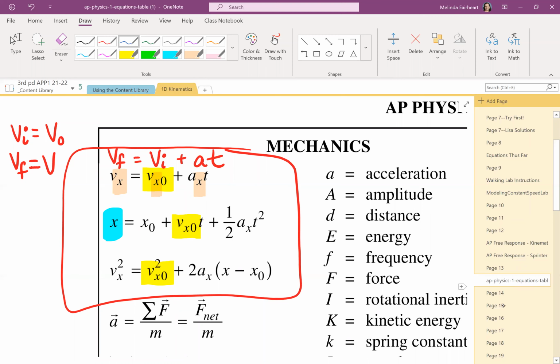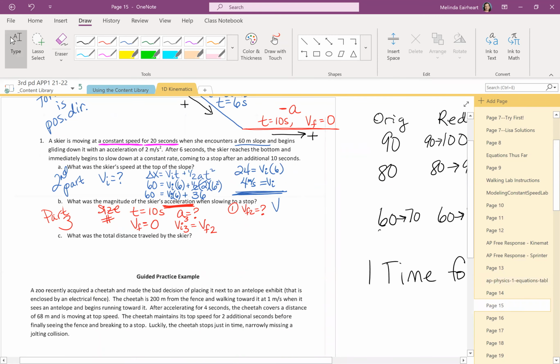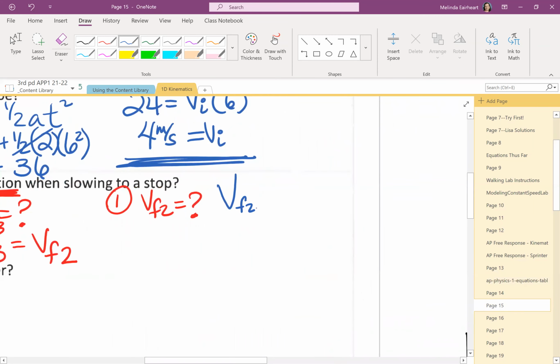So I'm going to say VF for part 2 equals the initial of part 2 plus the acceleration of part 2 and the time of part 2. That's not a requirement that you use all those 2's. I love subscripts. They help me keep things organized and straight. My habit is to sometimes double subscript as I'm doing here.